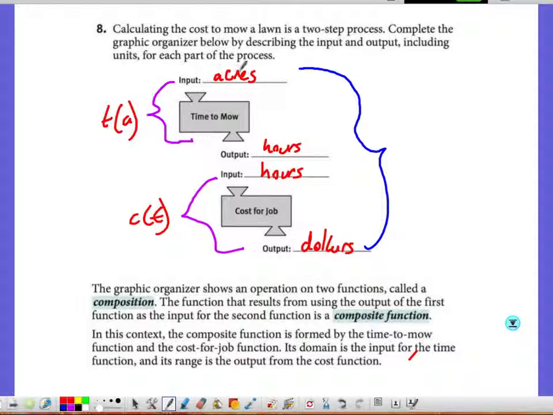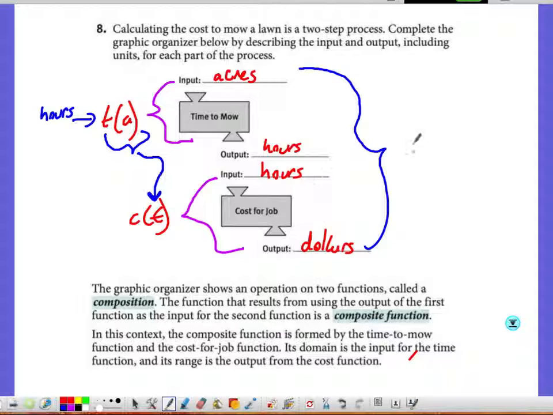Do you notice how we took acres, converted into hours, represented by this function, and notice that the output here is hours, so this function gives us hours. And once we have that answer, we basically plug it into my second function right inside, and we get our cost, our output in dollars.